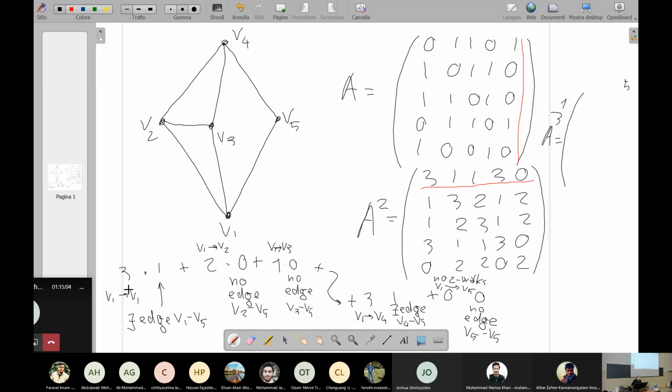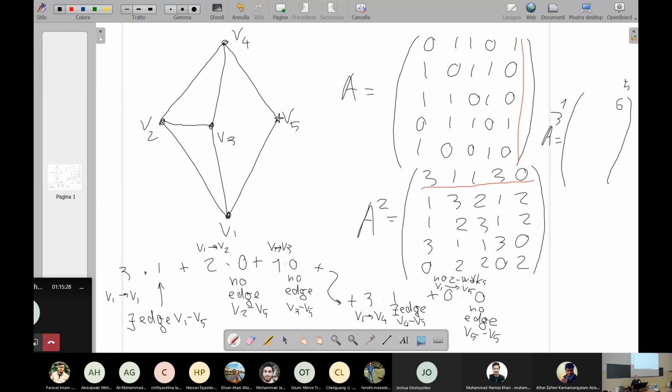This number here: 3 times 1 plus 2 times 0 plus 1 times 0 plus 3 times 1 plus 0 times 0, which is 3 plus 3, which gives us a 6 here. Okay, and this means there are 6 3-walks from V1 to V5.